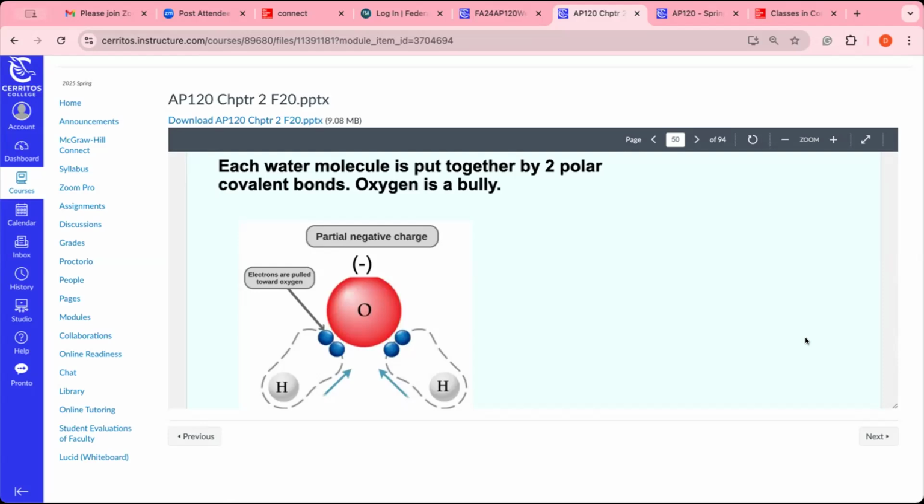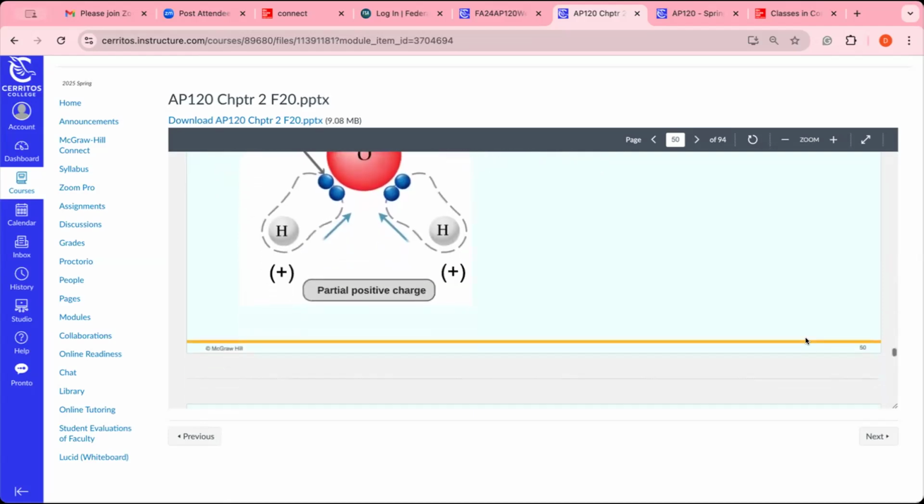The electrons are pulled toward oxygen, okay? So basically this oxygen comes along and picks up these hydrogens. That's why this oxygen looks so much larger, but they attach at the poles, at the bottom of the oxygen molecule, okay?